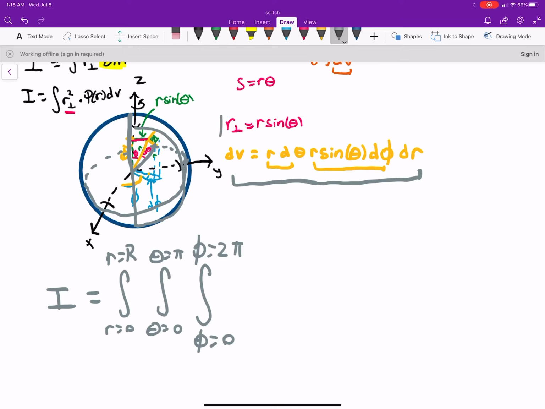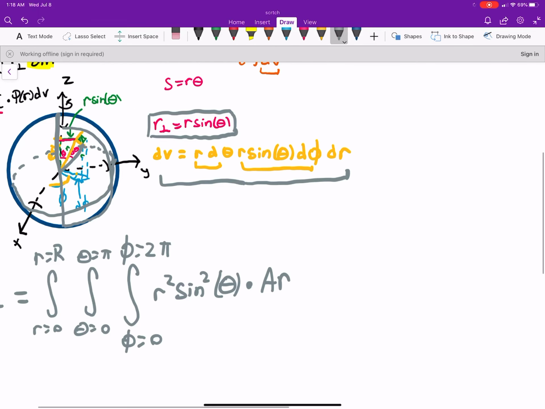Okay, our perpendicular distance, the distance from our volume element to our axis of rotation, is r sine theta, so squared that's r squared sine squared theta. Rho of r was given as just A r. And then dV is r squared sine theta dr d theta d phi.